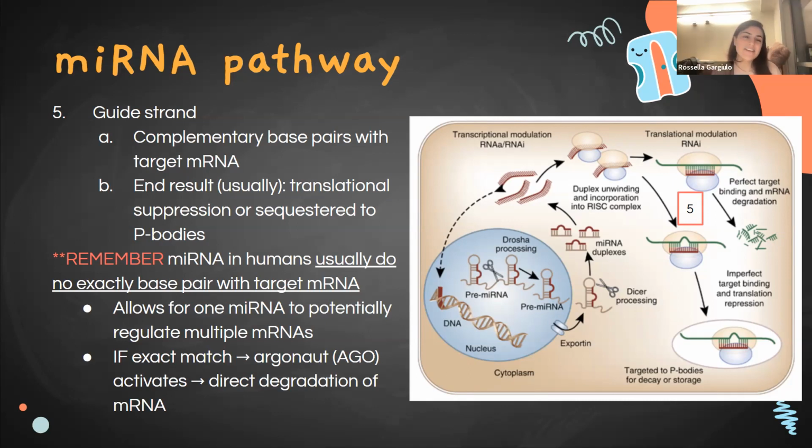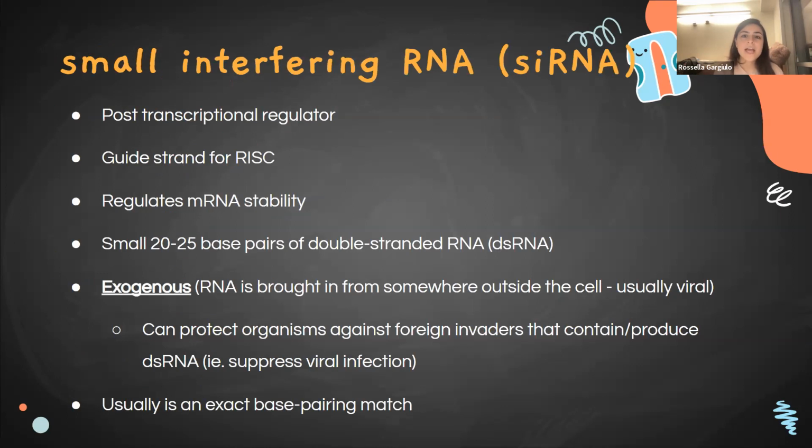All right, now we can go on to the second pathway. This other pathway is very similar to the miRNA pathway. It just doesn't do the first thing that miRNA does, which is that it isn't coded for by our own genome.